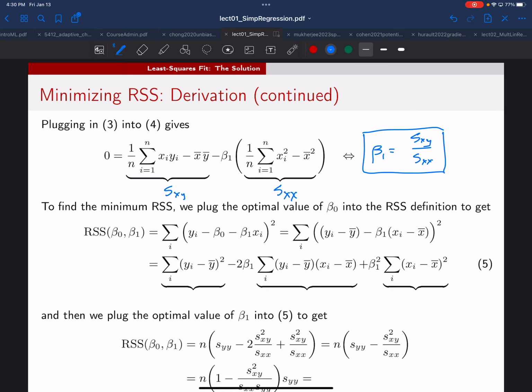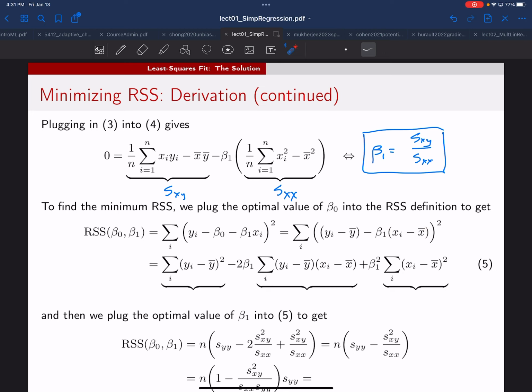We might also want to know not just the coefficients, but how well this worked. So let's compute the RSS. Let's derive an expression for the RSS itself by plugging in those optimal parameters. So again, RSS, we defined it like this. Now let's plug in the expression for beta 0. That's going to give us y bar minus beta 1 x bar.